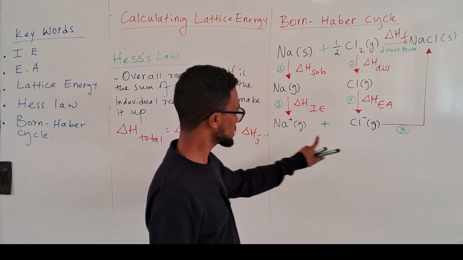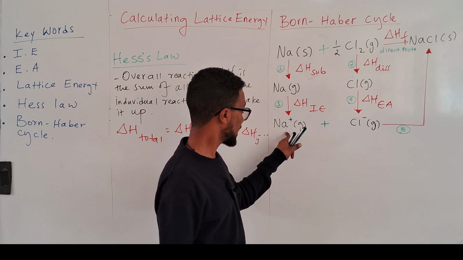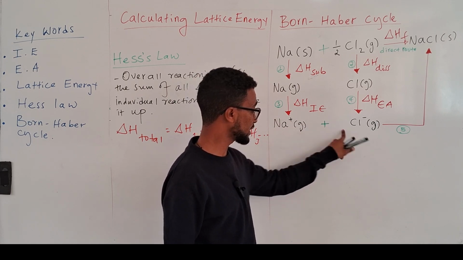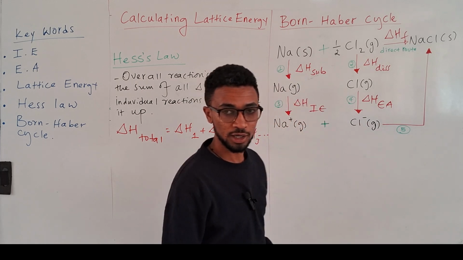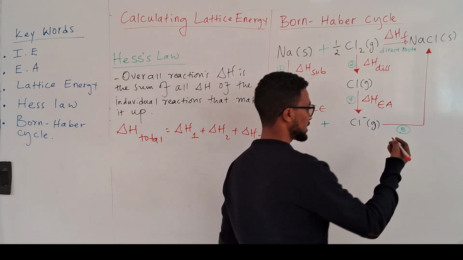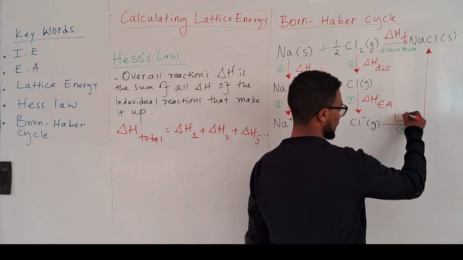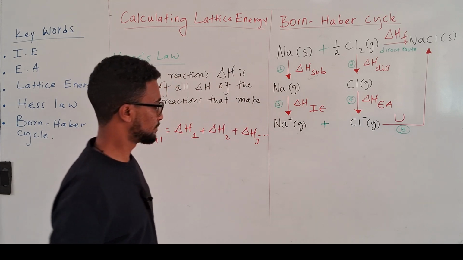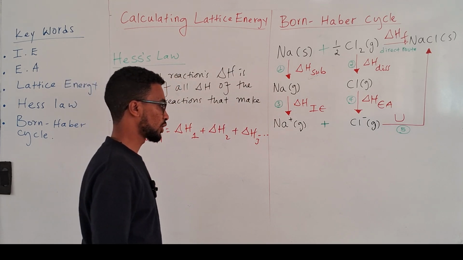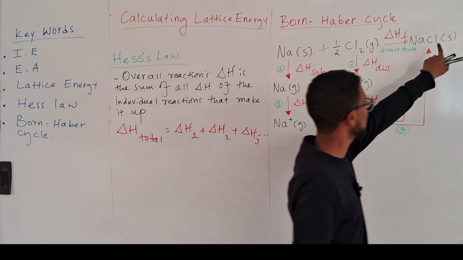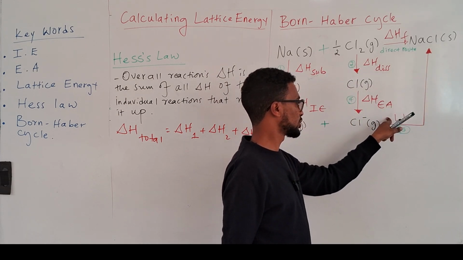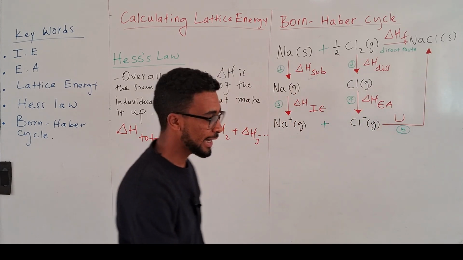And then this is the reaction of sodium ion gas and chloride ion gas to give sodium chloride solid. Do you guys remember this? This is what we referred to as the lattice energy in our discussion minutes before. So sodium ion plus chloride ion will give us sodium chloride solid. The energy required to do this is called lattice energy.